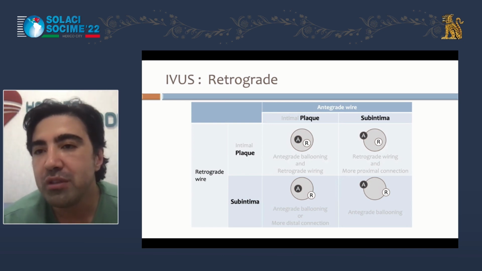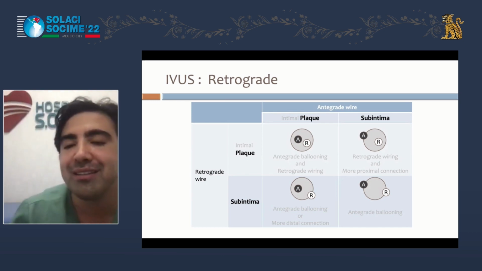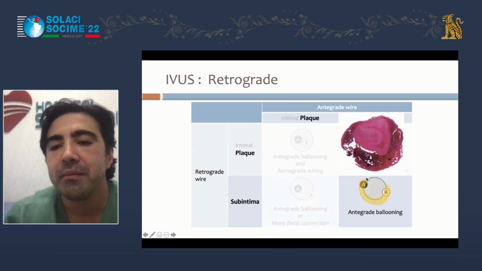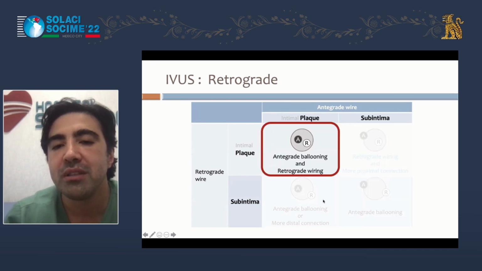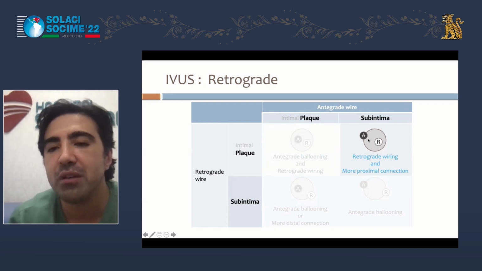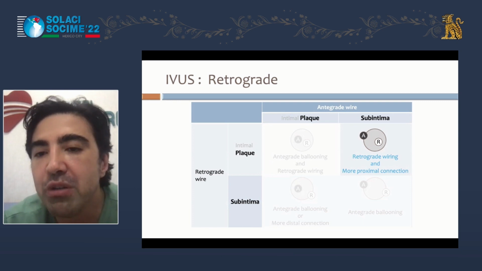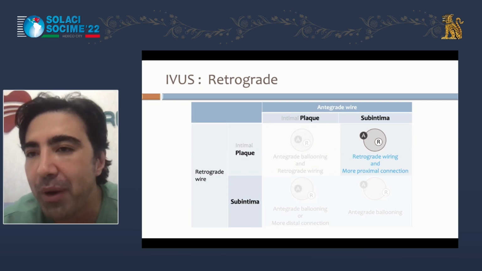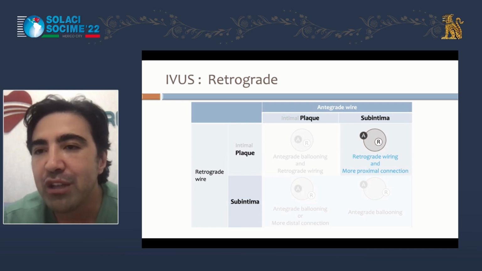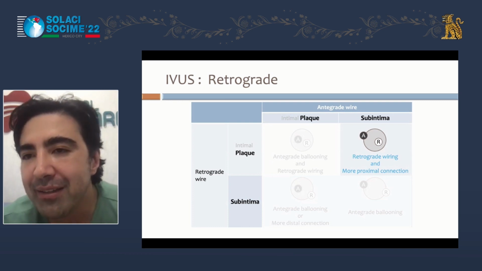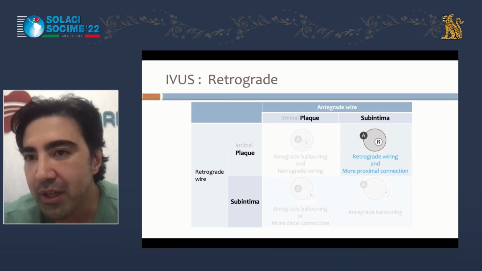And we have to take care with this case here, the case that we can't connect. When you have the antegrade wire in the subintimal or extra plaque space, and the retrograde wire in the intimal plaque, it is impossible to connect.